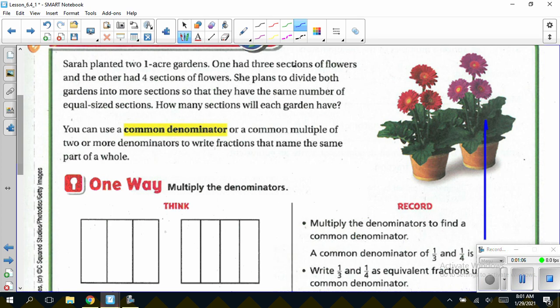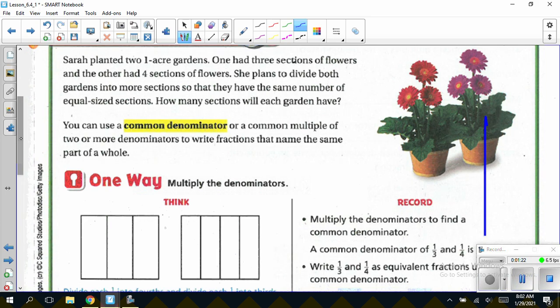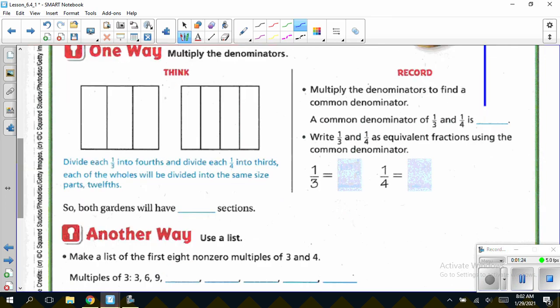So you can use a common denominator or a common multiple of 2 or more denominators to write fractions that name the same part of a whole. So we introduced how to find common denominators when we did our lesson over our least common multiples. So one way to figure out a common denominator is to multiply the 2 denominators together.